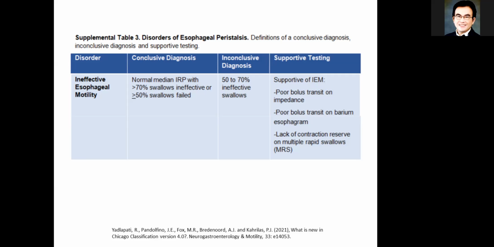There are not a lot of data showing how this bolus transit really helps. But in my own experience and a previous study that we have done, it does help us to differentiate what I call clinically significant IEM from clinically insignificant IEM.